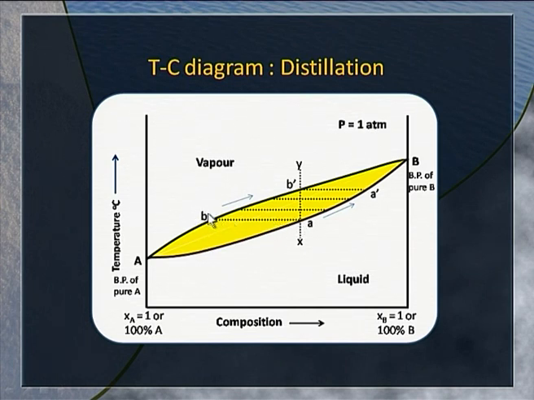The composition of the vapor is given by point B. As I told you, we are permitted to increase the temperature as we are still having 1 degree of freedom in the two phase region, and as we increase the temperature, the composition of the vapor that is emerging slowly readjusts itself and starts moving towards B prime, and the composition of the liquid starts moving towards A prime, and ultimately we reach the point B prime at which most of the liquid is converted into vapor. Traces of liquid are left, which ultimately get vaporized, and we are left with only vapor.